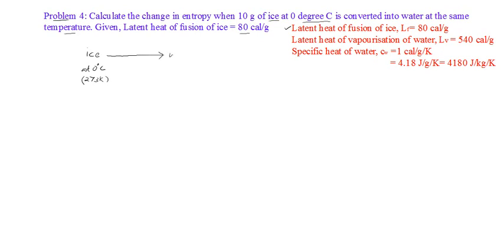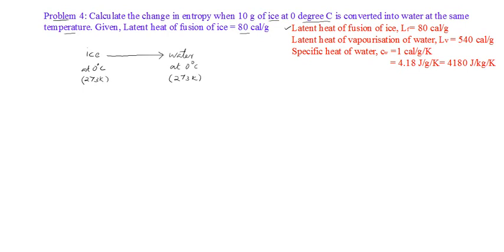So let's analyze the problem first. That is always a part of the solution. Water at the same temperature, at 0 degree Celsius. So there is no temperature change involved in the problem. And clearly you know that this is nothing but a phase transition from solid to liquid, and this is an example of a first order phase transition.